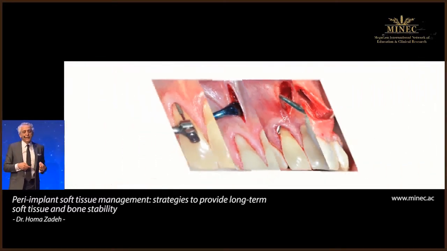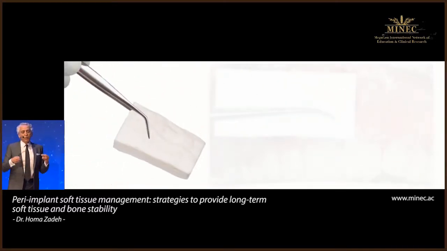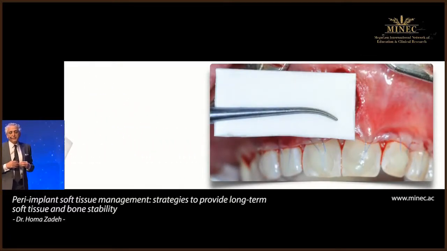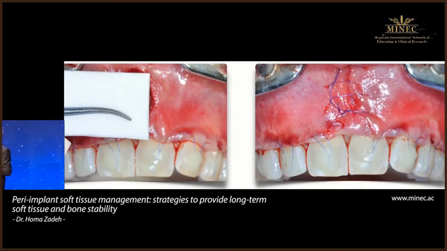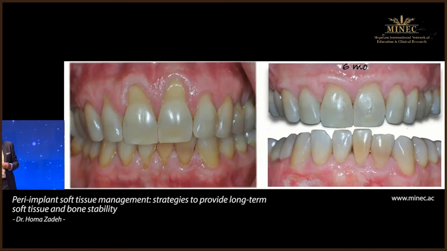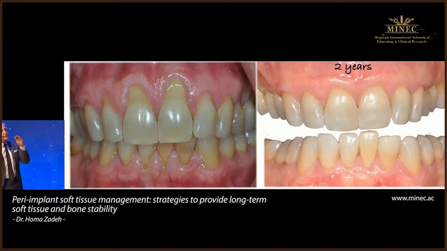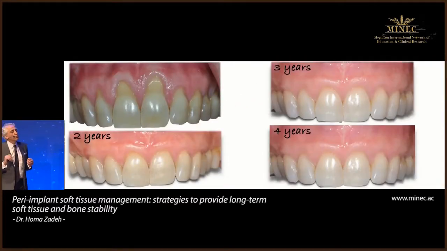So we used Vista in conjunction with mucograft, and you can see that we overcorrected, and then after 6 months, there's still some deficiencies, not 100% root coverage on the 2 incisors, but when we follow the patient over time, actually there seems to be what we call creeping attachment. The tissue actually continues to move down, and we have complete root coverage.